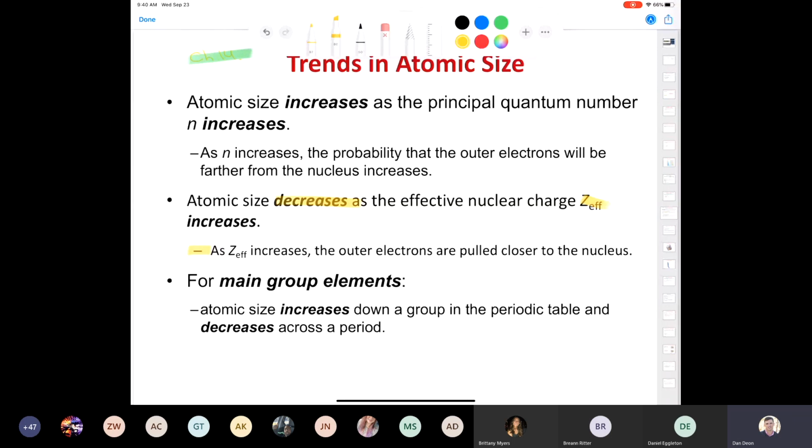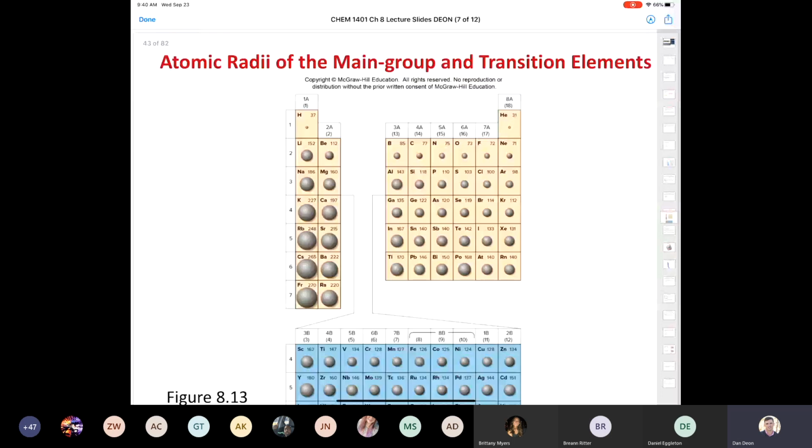Now it says here, for main group elements, the atomic size increases down a group in the periodic table and decreases across a period. This is basically a one-sentence summary of this entire slide. And that's all you need to know. I'll be honest with you guys, the book goes into quite a few exceptions to this rule. You don't have to know the exceptions about atomic size.